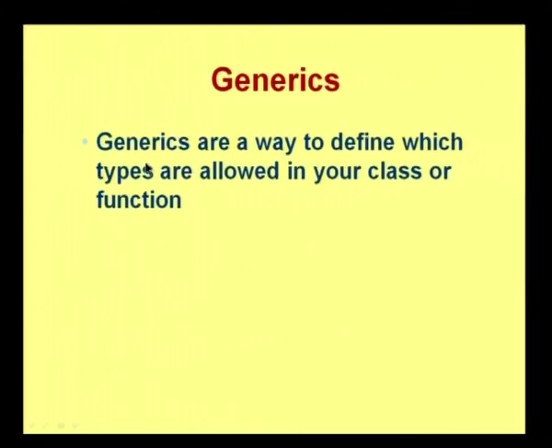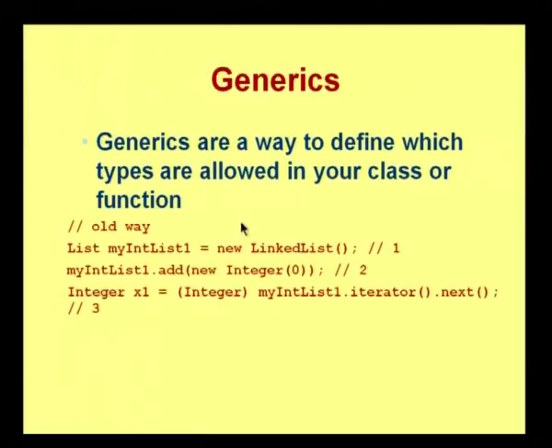So now we look into generics. Generics are the way to define which types are allowed in your class or function. You can see that here I have a variable of type list. Here I am trying to add an integer to that list, and whenever I take the value from the list, I need to typecast it to the integer.